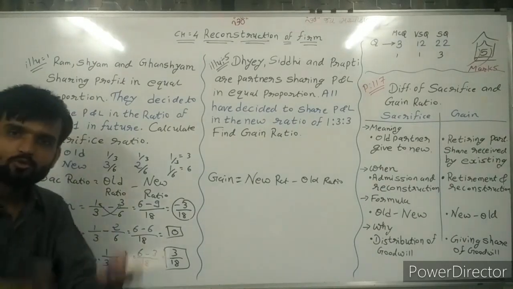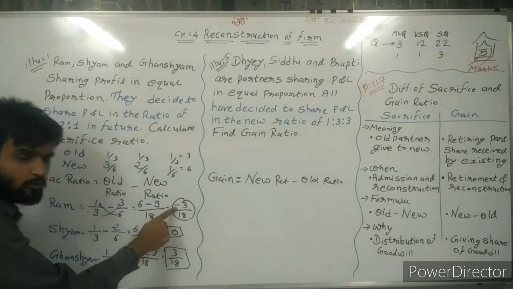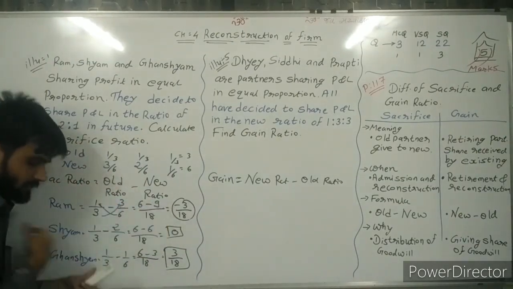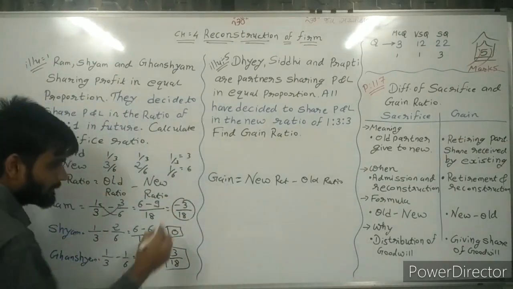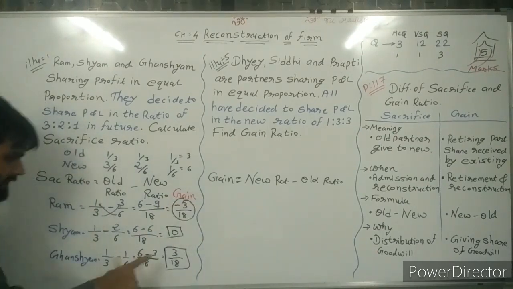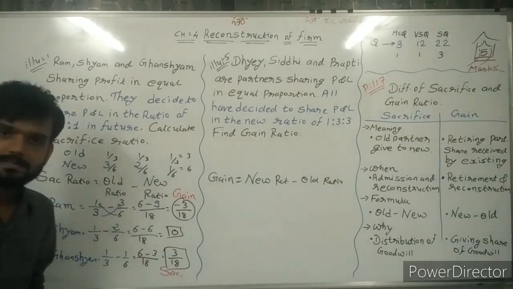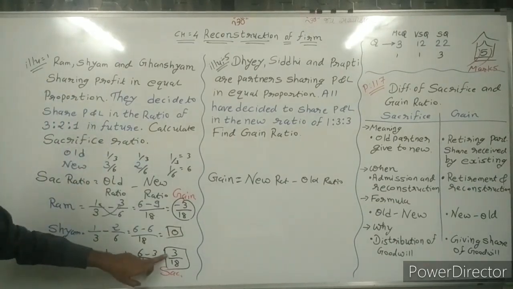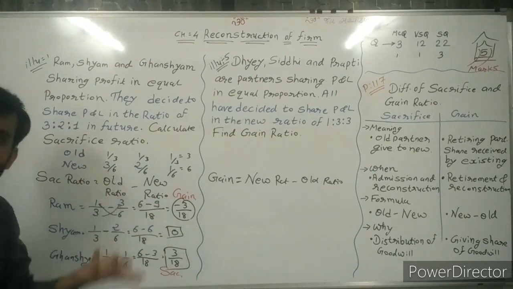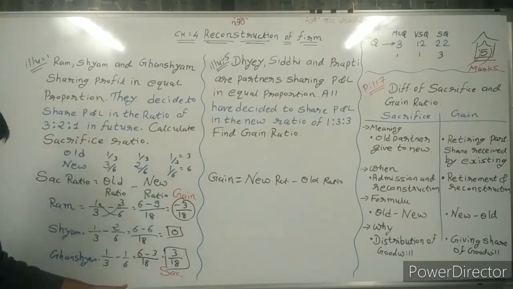Now we can compare also. What is the comparison? Ram is negative, it means this person has gained. And here positive, this person made a sacrifice. So 3 sacrifice and 3 gain. Simple. In this way we can compare.